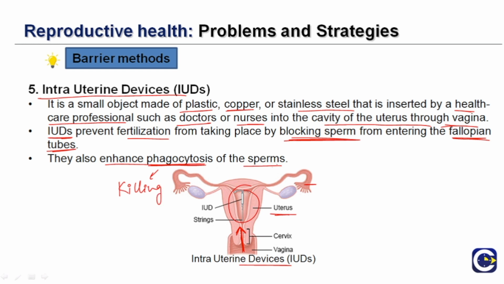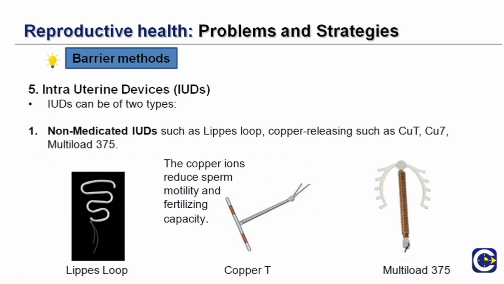So these intrauterine devices are inserted through the vagina into the uterine cavity, and the mechanism by which they work is that they prevent fertilization by blocking the sperms from entering the fallopian tubes, and they also enhance the phagocytosis of sperms. So these intrauterine devices can be of two different types.